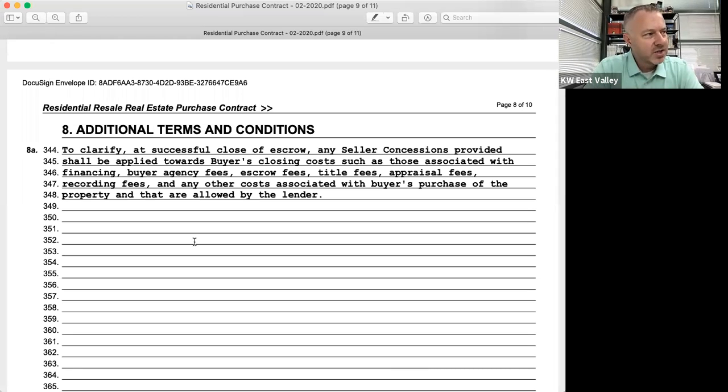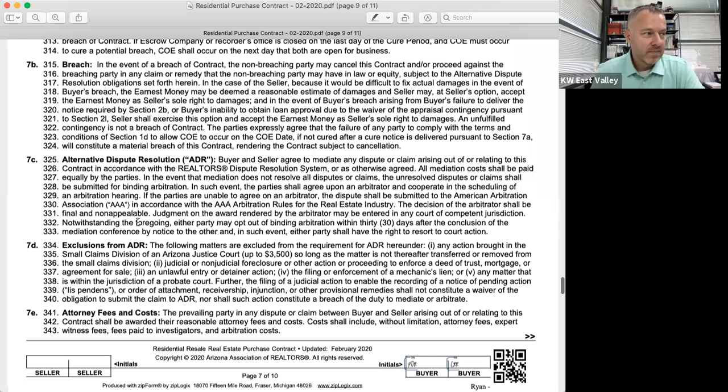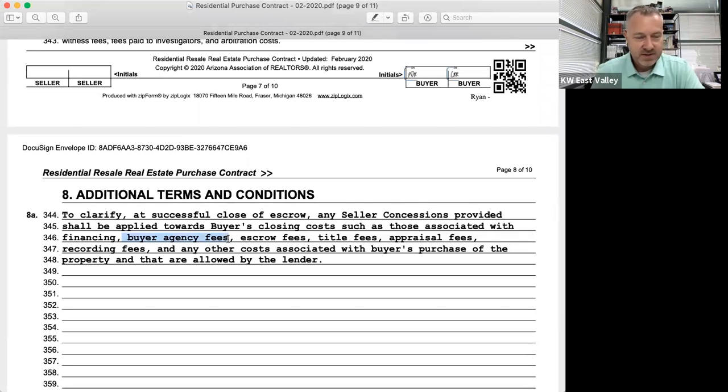Any seller concessions provided shall be applied towards buyer's closing costs, such as those associated with financing, buyer agency fees, which is my buyer broker fee of 4%, escrow fees, title fees, appraisal fees, recording fees, and any other costs associated with buyer's purchase of the property and that are allowed by the lender. So in this case, that $5,000 is going towards the buyer agency fees.